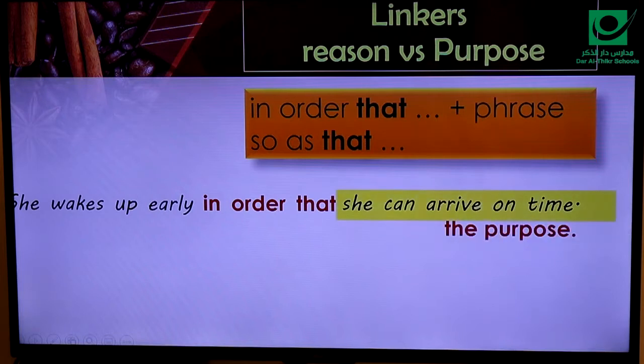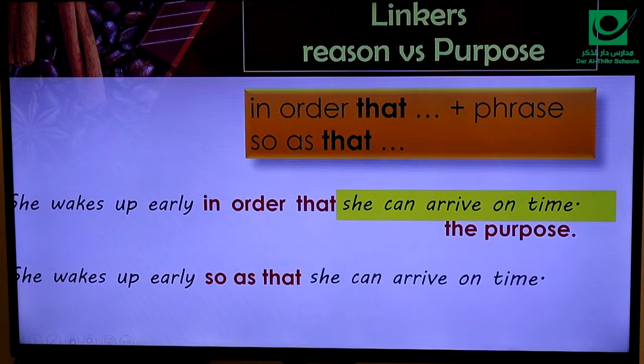So she can arrive on time is a purpose. She wakes up early so as that she can arrive on time. We have the same sentence, but in order that is different. So as that, they have the same meaning, and she can arrive on time is the purpose.